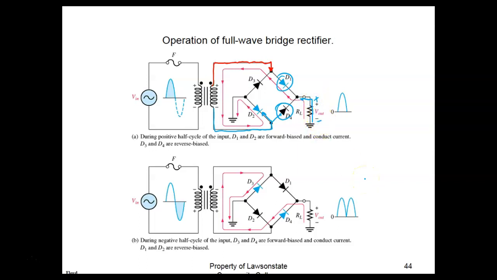So on a full wave bridge, if your cathodes are pointing toward the load, it's a positive power supply. If your anodes are pointing toward the load, it's a negative power supply, which does get confusing. But over here, this is the way it converts, right? So this might be positive in respect to that, but this over here is more positive in respect to that.